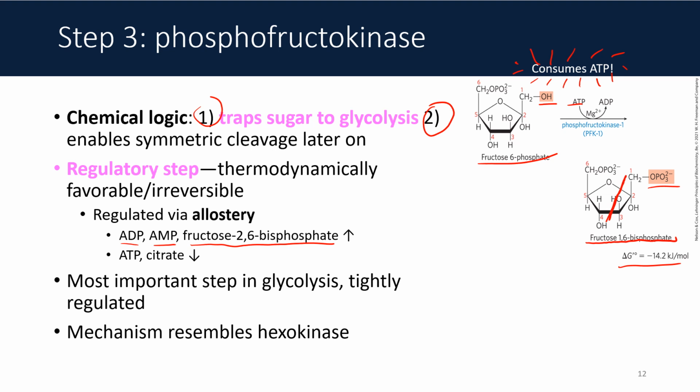This is a signal molecule that the body will create when there is a high energy demand. It also stands to reason that ADP and AMP, which are depleted chemical batteries, would also stimulate the activity of phosphofructokinase, because that's a sign that the cell is running out of energy. We need more. We need more glycolysis.